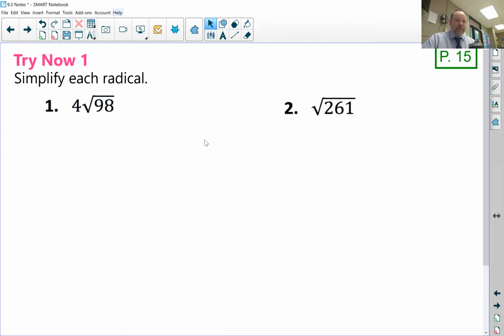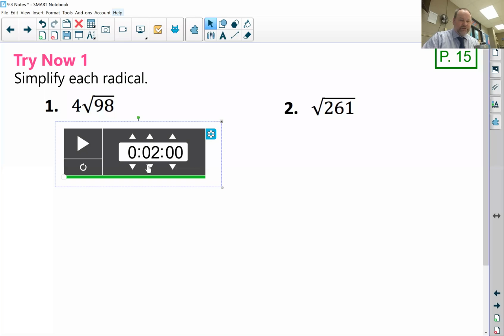Now, a couple for you to try using your preferred method. So go ahead and try to simplify these two radicals. Again, I'll give you a couple of minutes, and then we'll look at the answers.